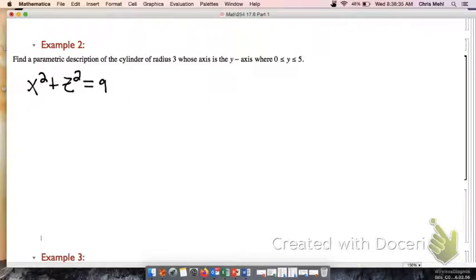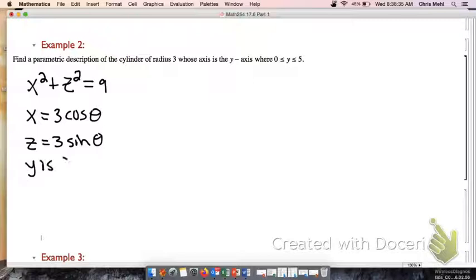And if you thought about parameterizing this with respect to t or with respect to theta, x would equal 3 cosine theta, and z would equal 3 sine theta, and y, you can think of y as being a free variable where it roams from 0 to 5.